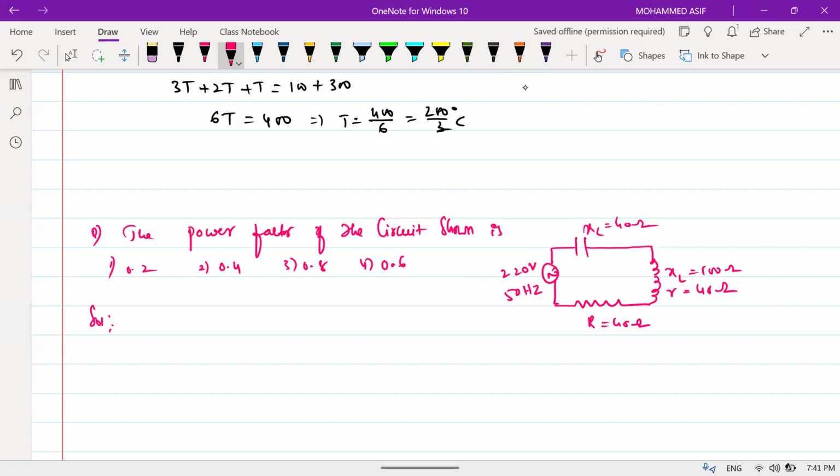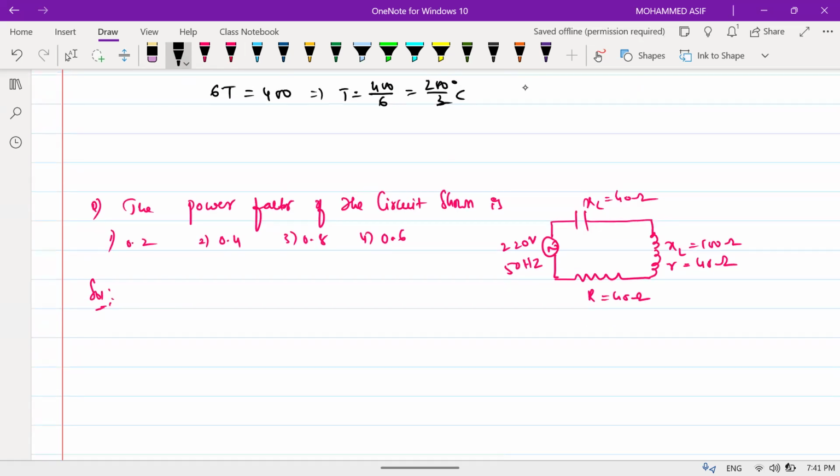Shall I try? What is the power factor beta? Do you remember the power factor formula? What type of circuit? RC circuit. So for power factor, what is the formula beta? Cos phi is equal to R divided by Z. Resistance is how much beta? What will be the resistance here?